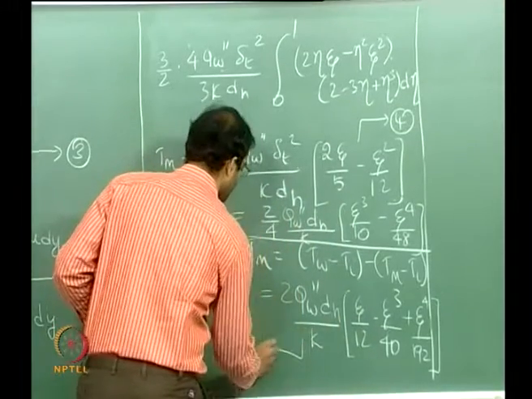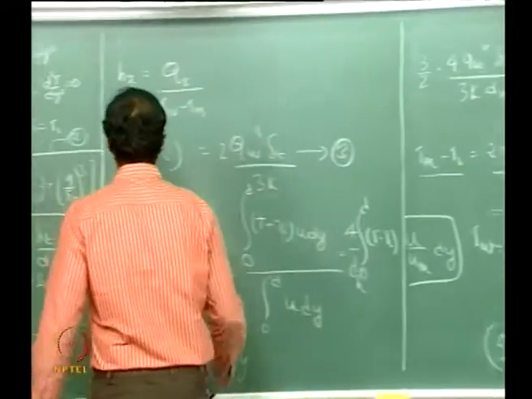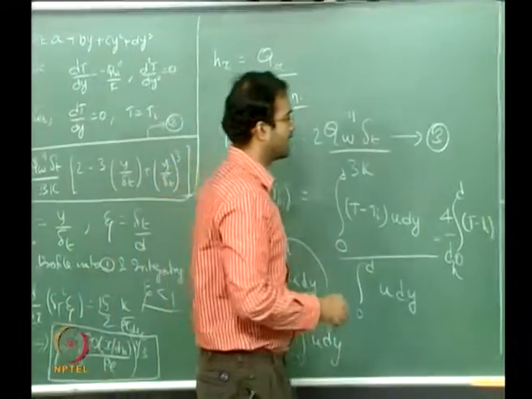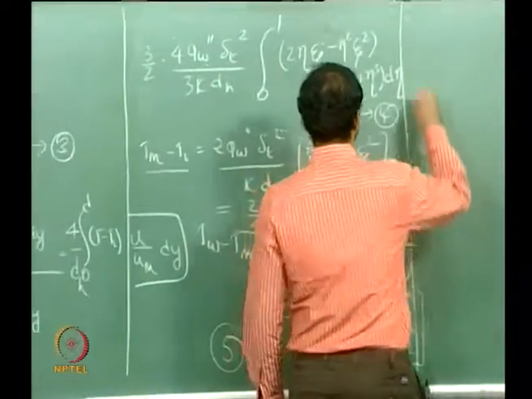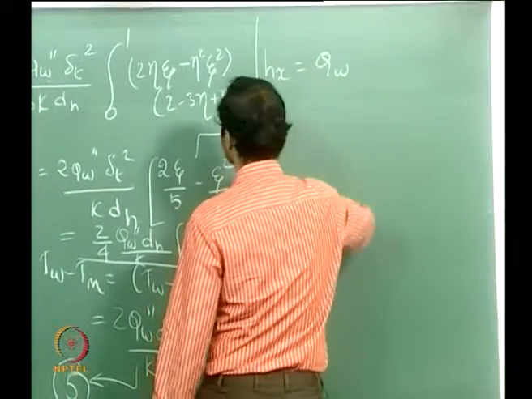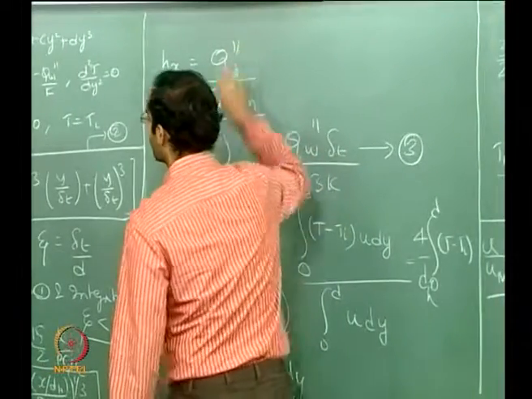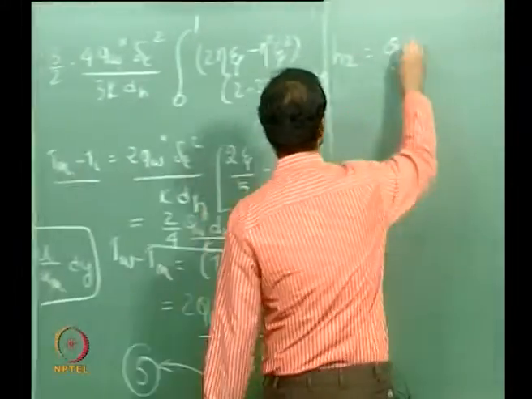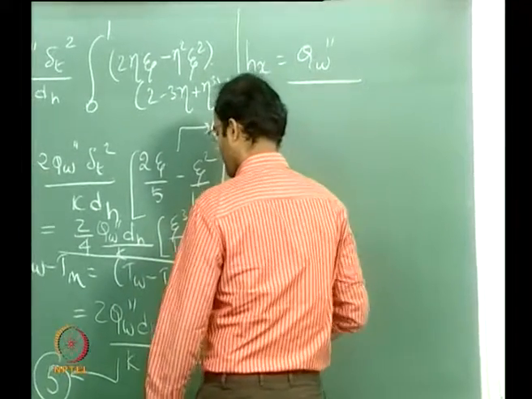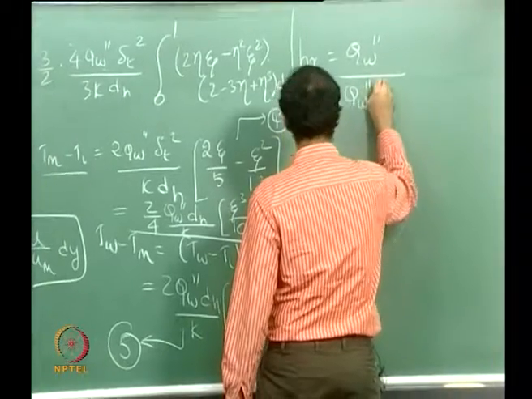Let me call this equation number 5. So once you have the denominator here, I can directly get the expression for Hx. So Hx will be nothing but Qwall double prime, that is your constant heat flux applied to the plates, divided by this particular expression here for Twall minus Tm.